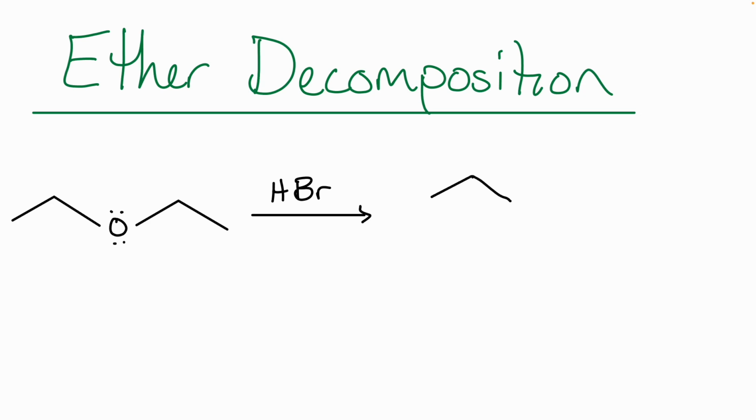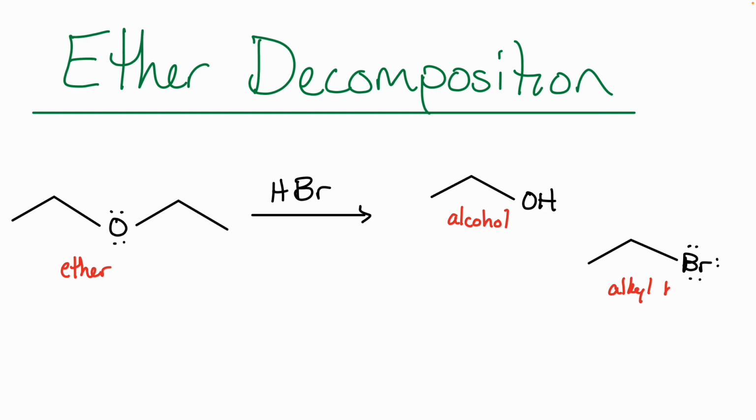This is going to crack this thing in half, producing an alcohol and an alkyl halide. So our ether decomposition, we take our ether, treat it with one of those hydrohalogen acids to produce an alcohol and an alkyl halide.